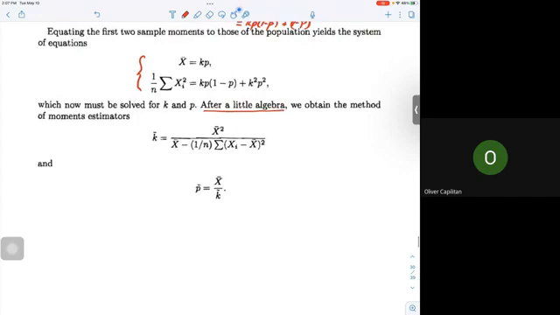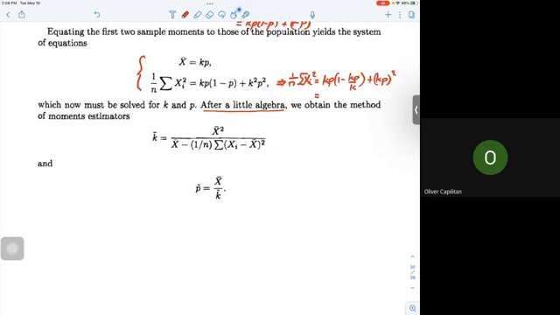In other words, if we're going to express this expression here, we could have 1 over n, the summation of xi quantity square. Then we have kp, 1 minus kp over k, and then plus kp quantity square.